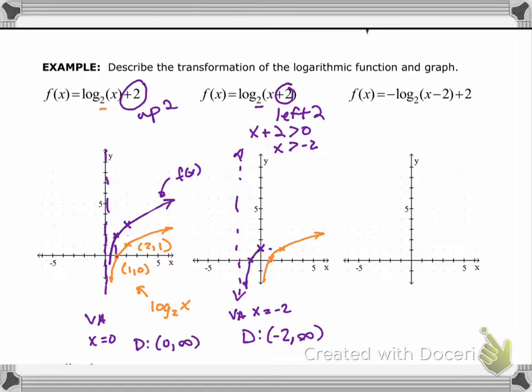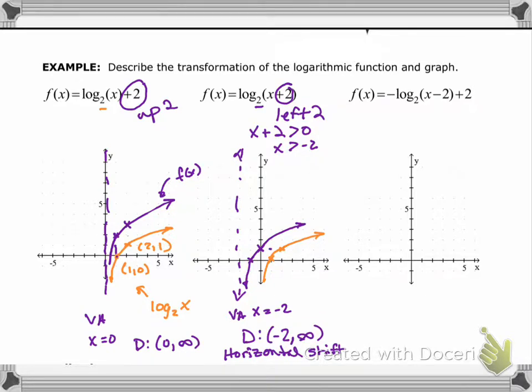Now you notice the domain, we've already figured it out, the domain does change because we had a horizontal shift. Anything on the horizontal is going to change your domain. All right, let's look at the last one.